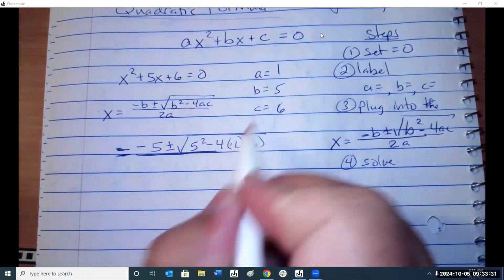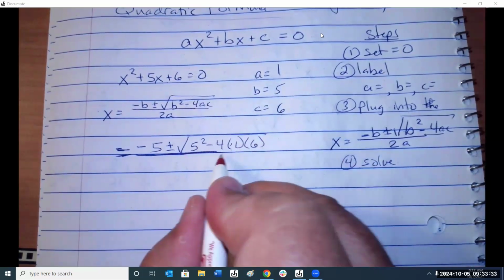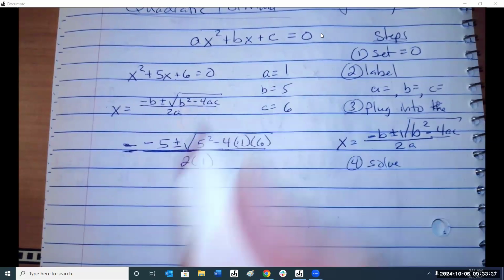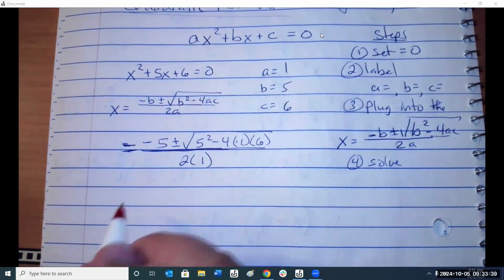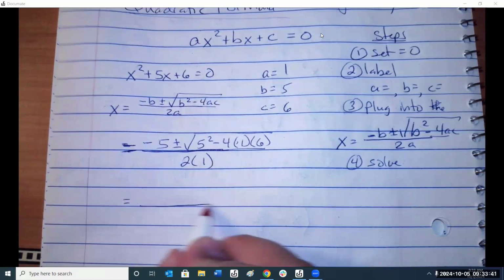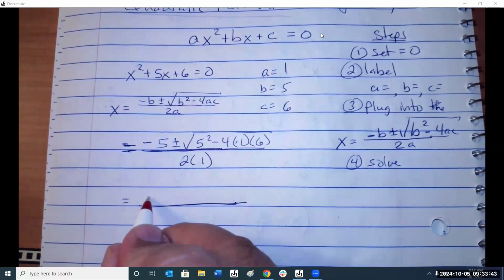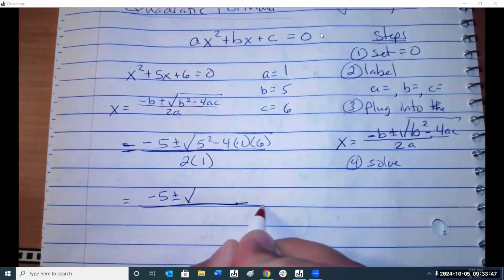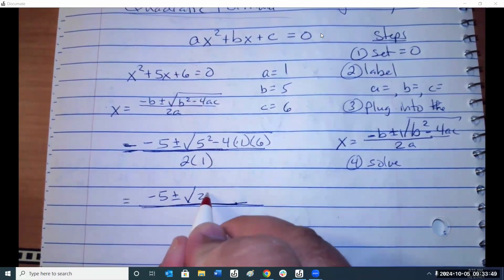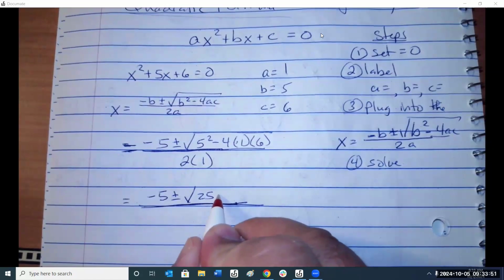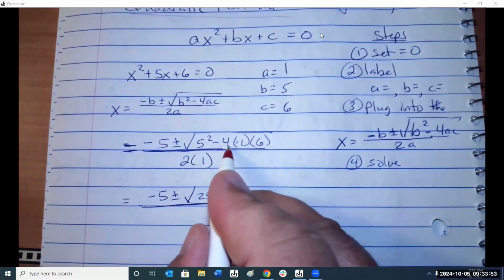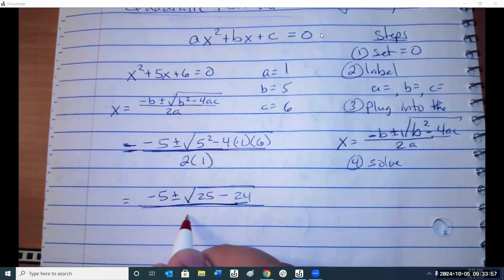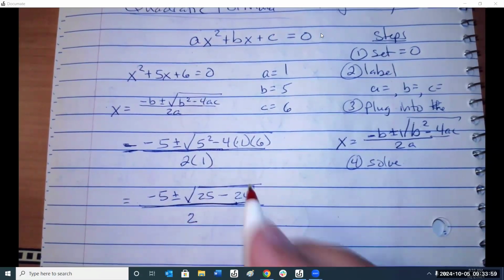That's 4AC, over 2 times 1, 2A. We have -5 plus or minus the square root. 5 squared is 25 minus 4 times 1 is 4 times 6 is 24, over 2 times 1 is 2.